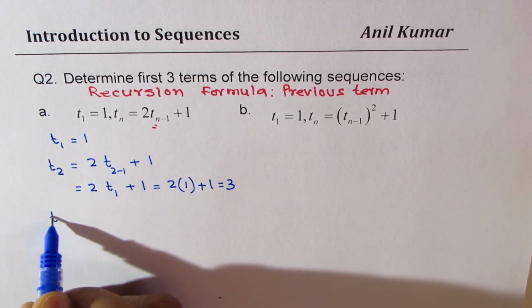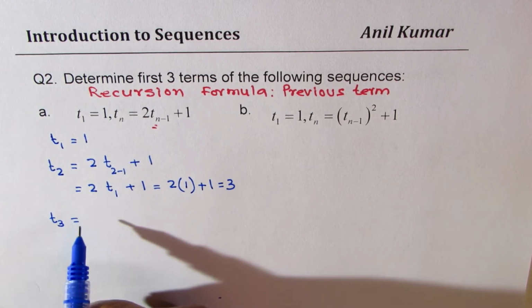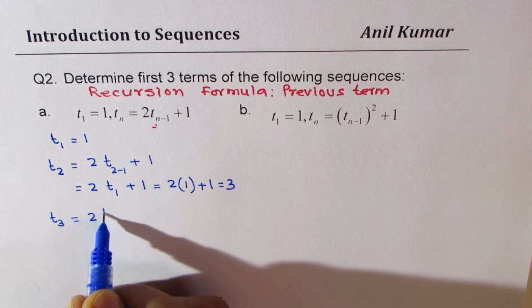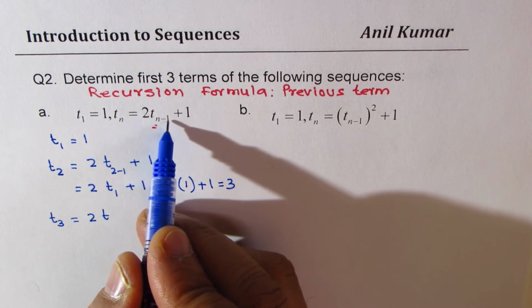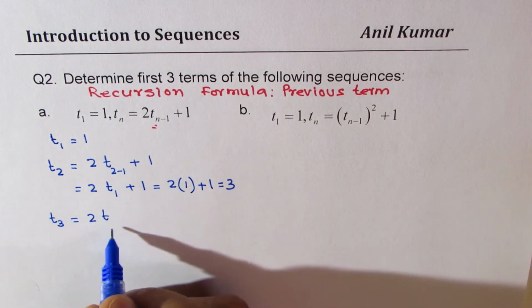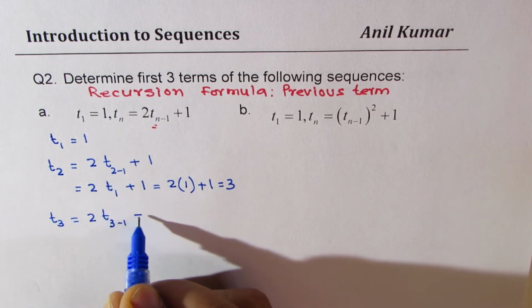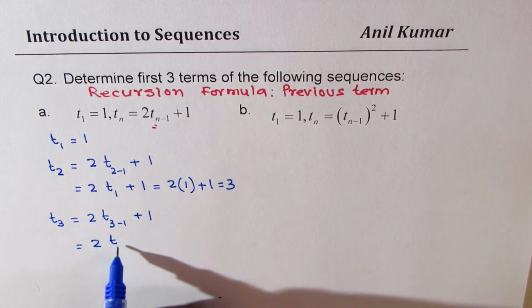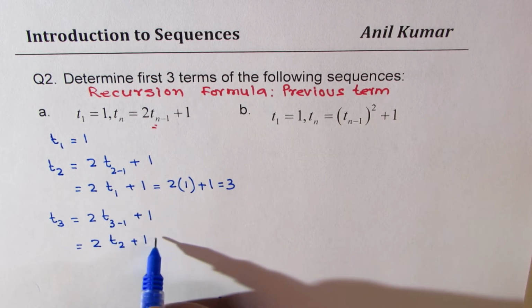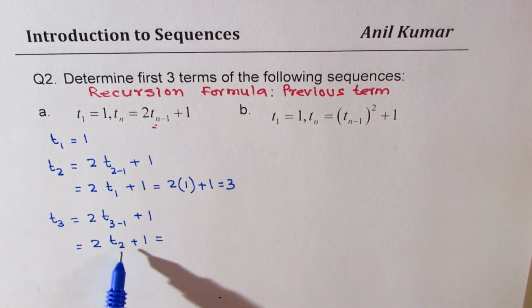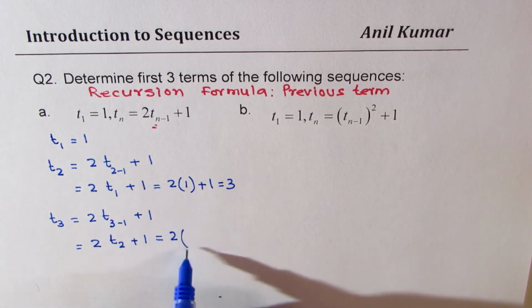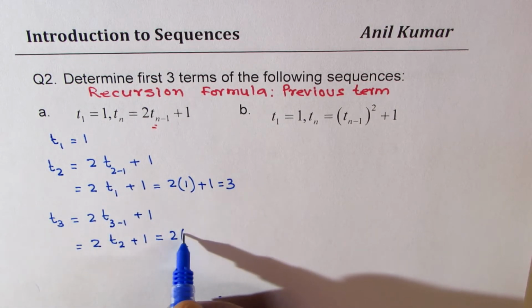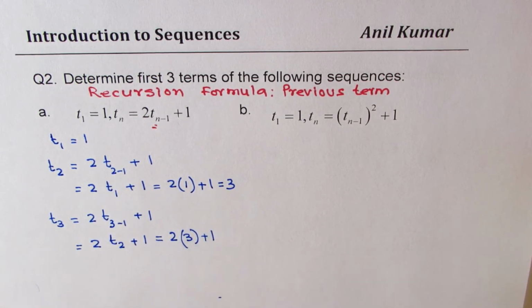Now let's look into the third term. t3 = twice t_(n-1) + 1, where n is 3, so it will be 3 minus 1, plus 1. That is to say, twice the second term, which is 3, and then we'll add 1.